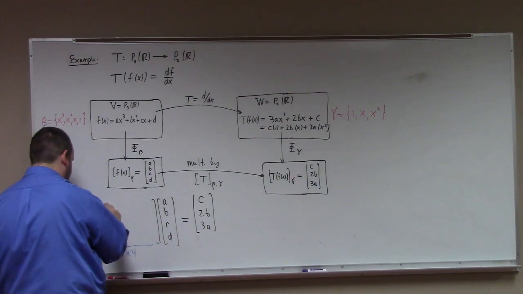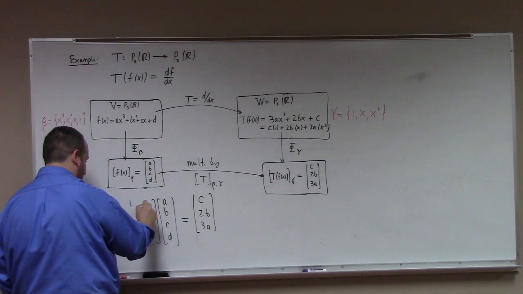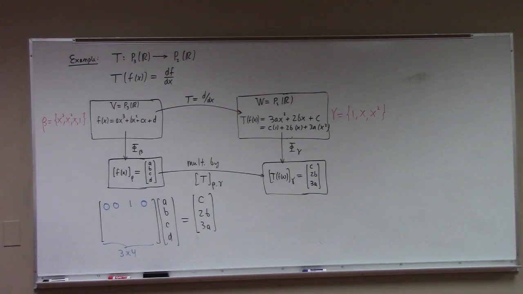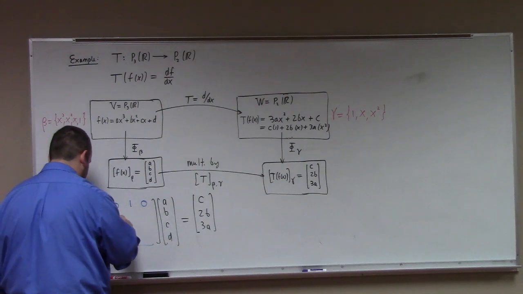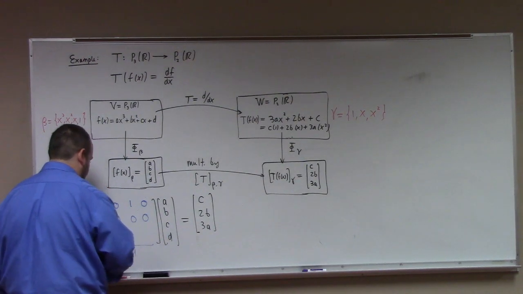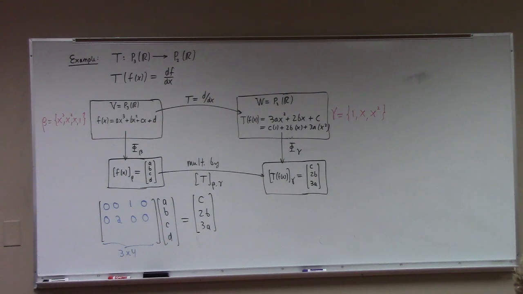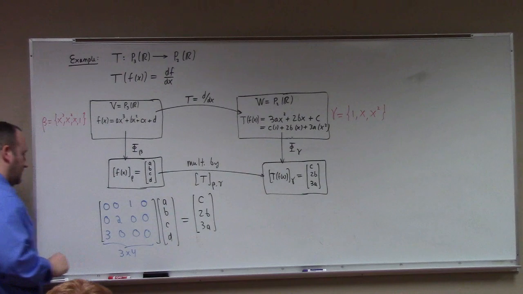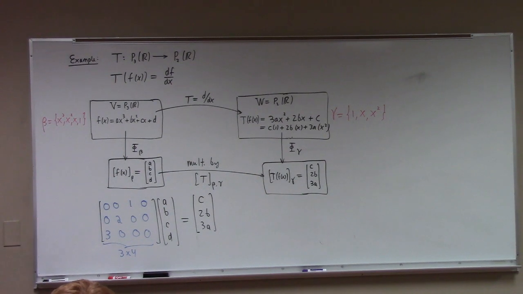I heard a 0, a 1, and a 0. We have a winner. Would anyone like to play? 0, 0, 2, 0. Very good. And finally, 3, 0, 0, 0. There you go. That is T beta gamma.